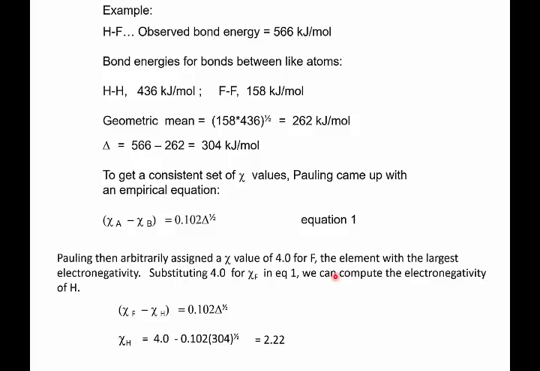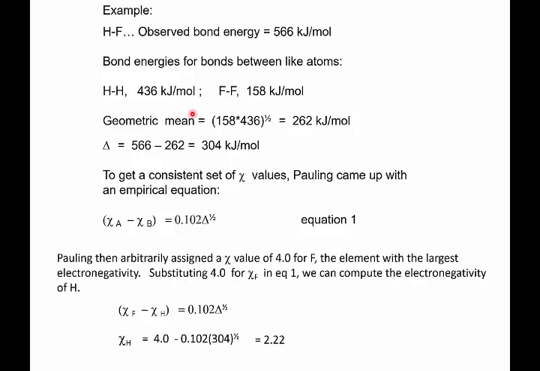The observed bond energies for bonds between like atoms, we have the HH bond and the FF bond. Here are the values: 436 for HH and 158 for FF. What he did is he computed the geometric mean of these two bond energies.